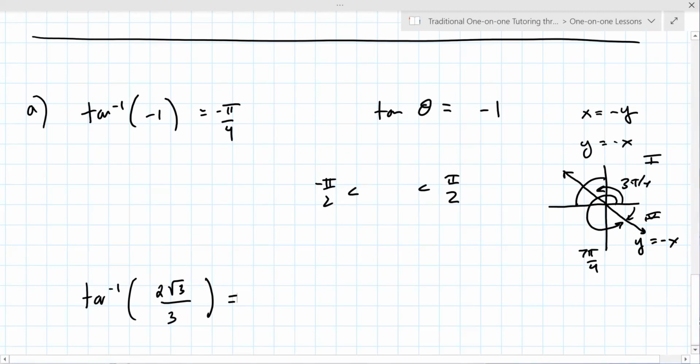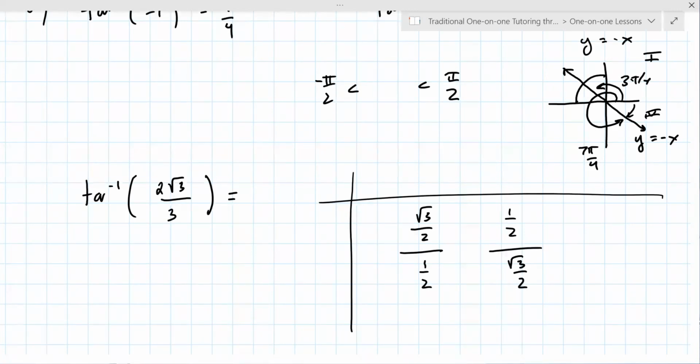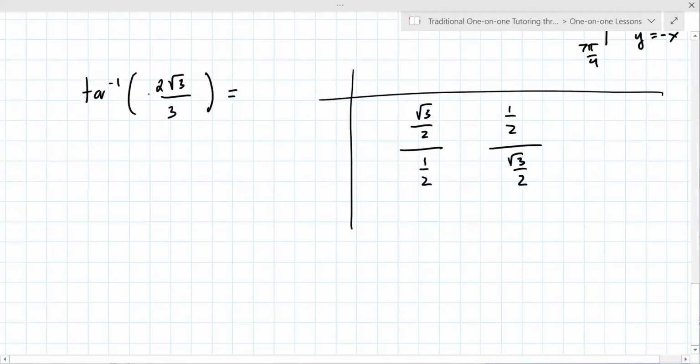If you haven't done this yet, and this is kind of off to the side, you want to do all the ratios. Like there's square root of 3 over 2 over 1/2. There's 1/2 over square root of 3 over 2. And you want to know all these ratios. Okay. So does one of these get you to this?